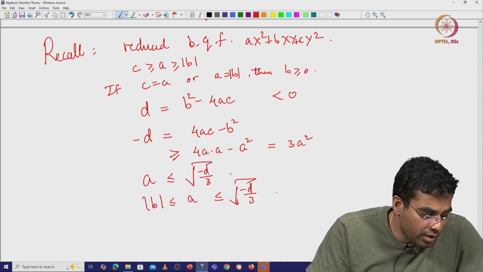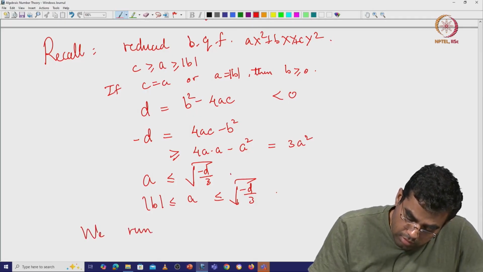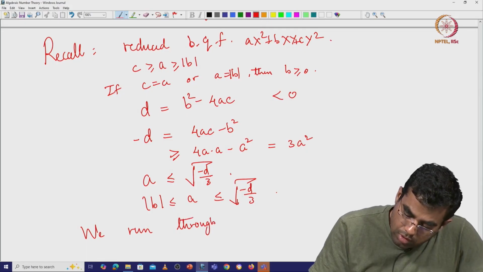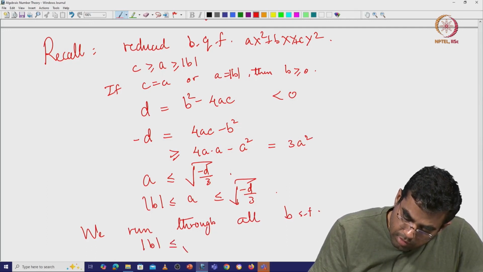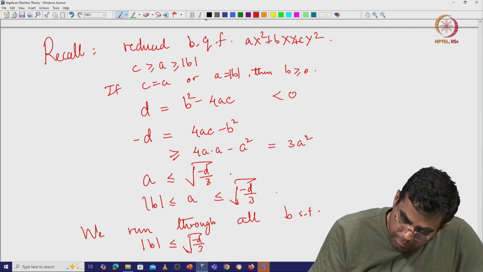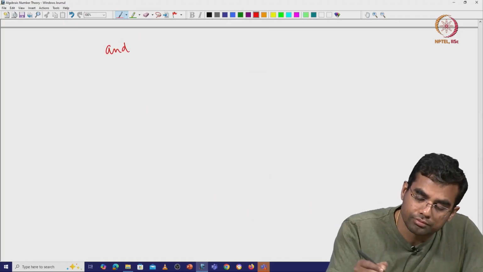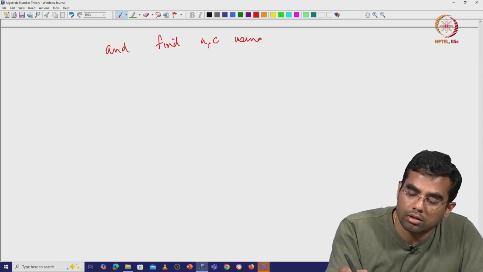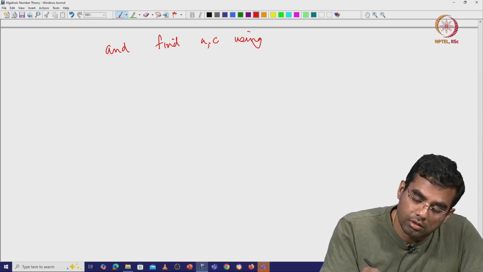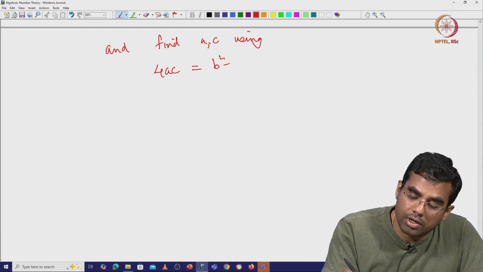So, what we do is we run through all b such that mod b is less than or equal to the square root of minus d by 3, and find a and c using 4ac equal to b squared minus d.